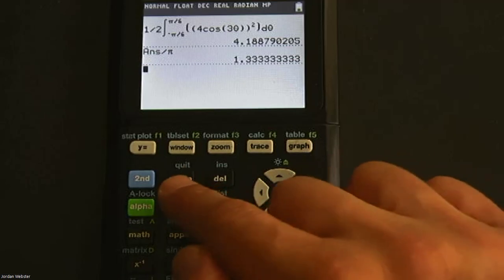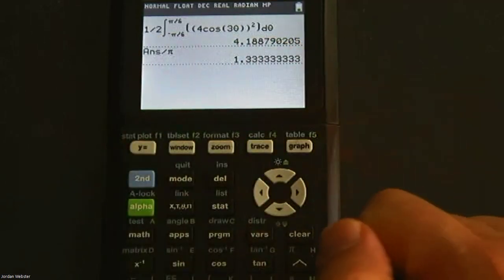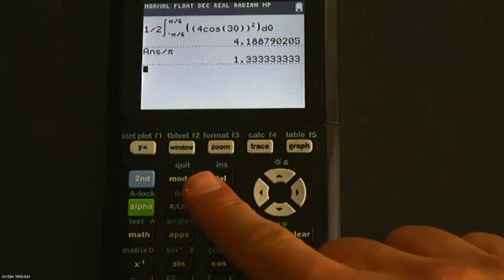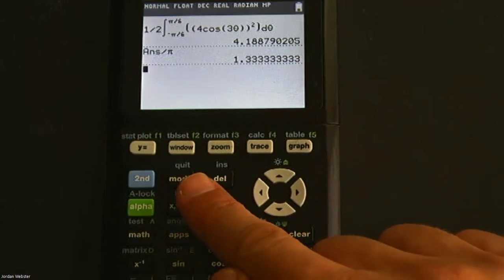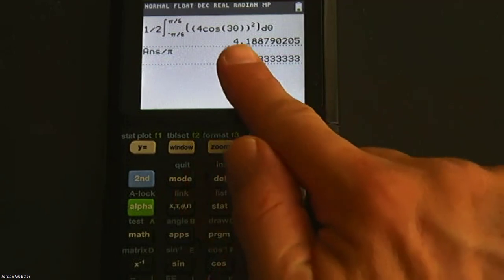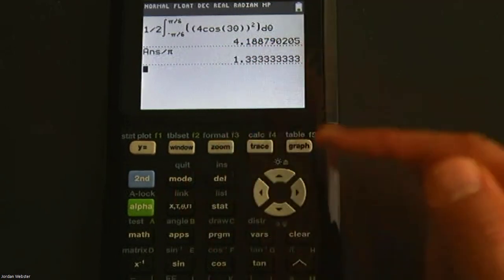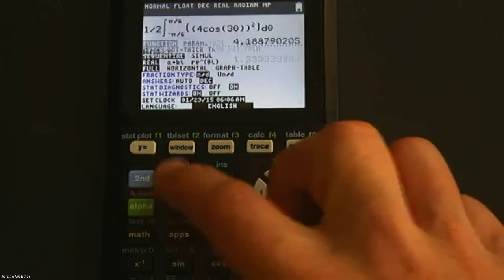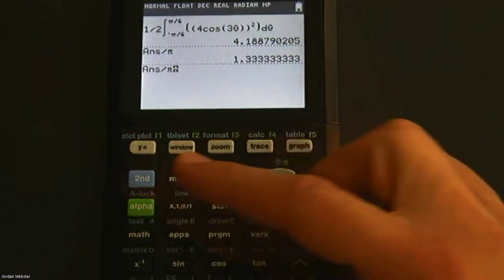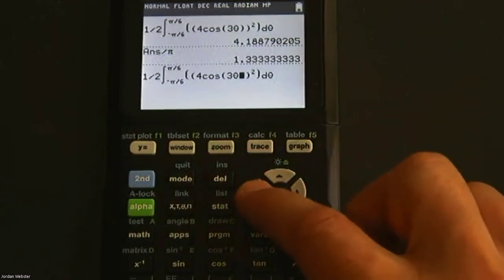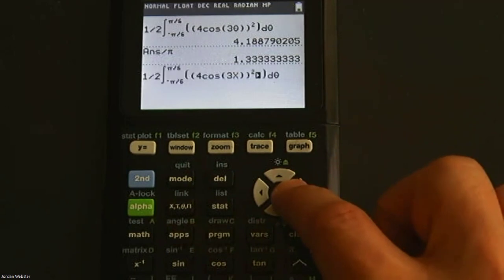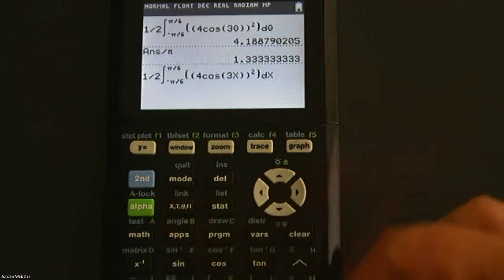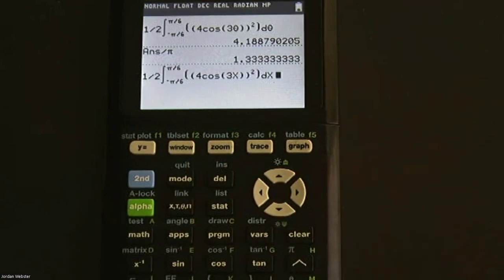Now, one thing I can also do, this is how I prefer to do it in polar mode. I set my calculator to polar mode, and then my variable becomes a theta. If you didn't want to do that, you could have stayed in function mode and just utilized an x every time instead of a theta. So that's another option, and you'll get the same answer, obviously.